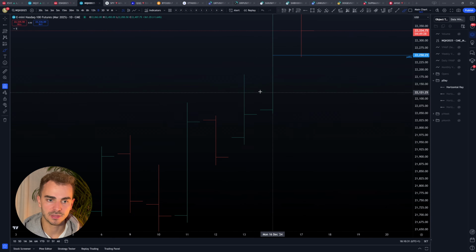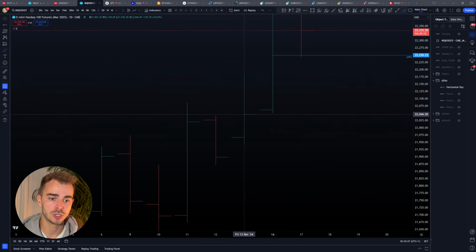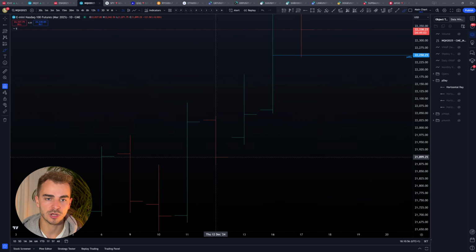From the low of this bar to the high of this bar, this is visually shown by this vertical line. And same as with candlesticks, if we get a close that is above the opening price, it will lead to a bullish candle, and vice versa. If we get a closing price that is lower than the opening price, we will get a bearish candle.